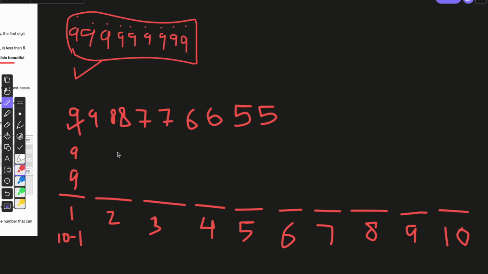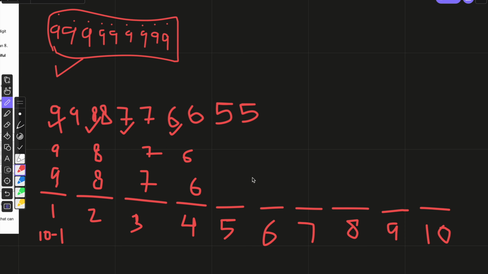At this place, the smallest possible number that can fill this position is 8, so we fill 8. Then the smallest possible is 7, so we put 7. Then 6, we have 6, so we fill 6.